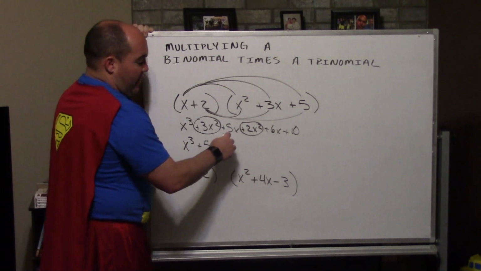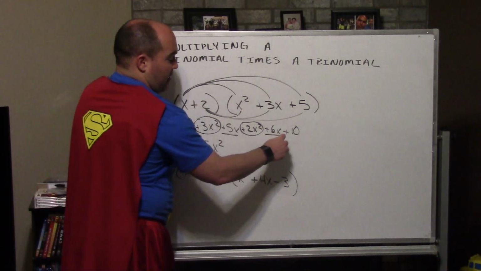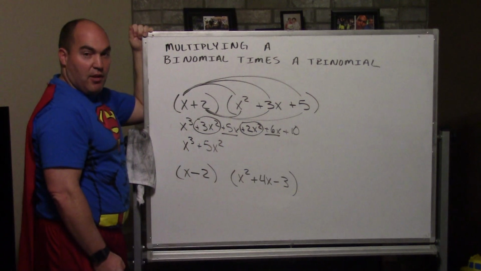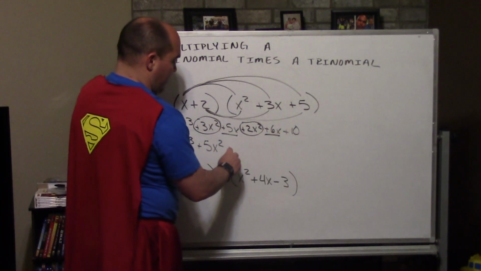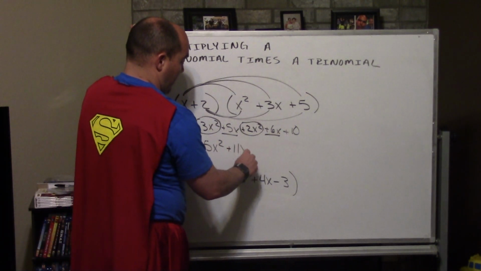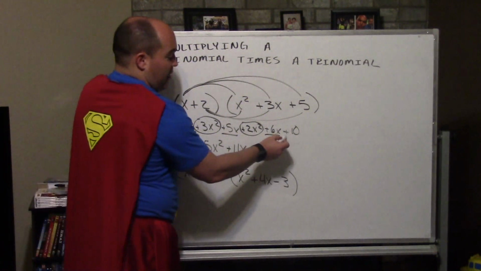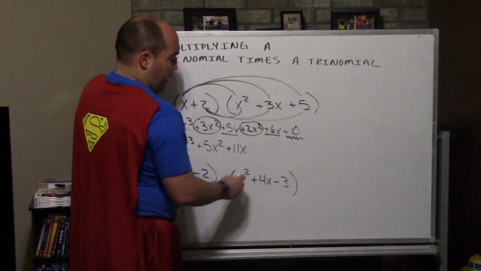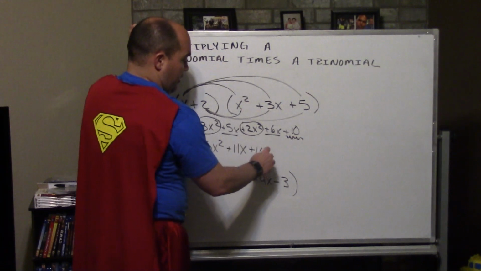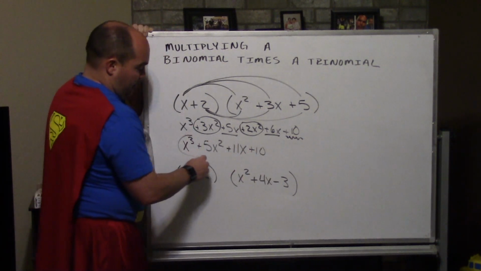Then I've got a 5x and a 6x, so 5 plus 6 is 11, so plus 11x. And then I've got this 10 down here on the end, so that is plus 10.